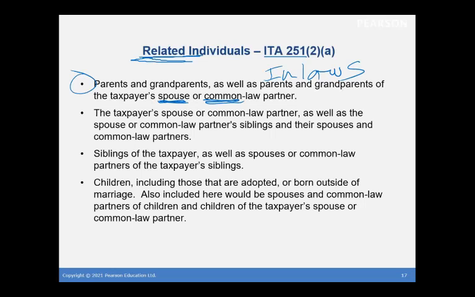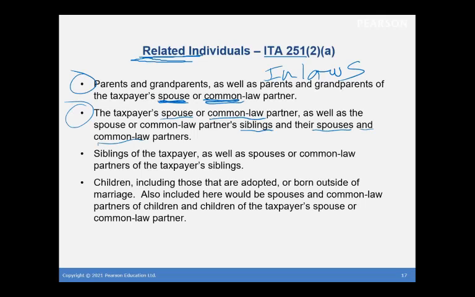Who else is related? Let's look at the second bullet point. You are also related to that same spouse or common law partner. So your husband, your wife, your partner, they are also considered to be a relative, or related, as well as the spouse or common law partner's siblings and their spouses and common law partners.